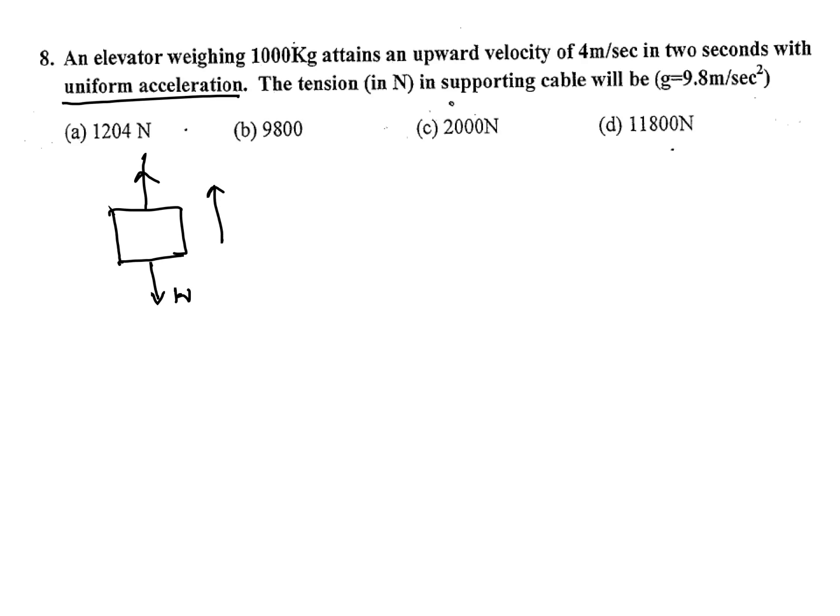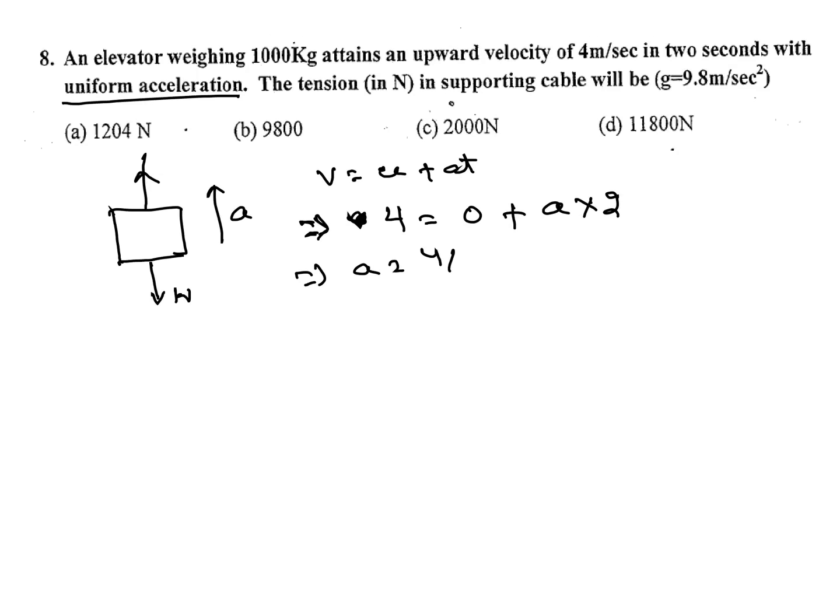Here it has acceleration. It's uniform acceleration, so we can use v equals u plus at. V is given as 4 meters per second, equal to u, which is 0, plus acceleration, not given, a, into time 2 seconds. So a equals 2 meters per second squared.